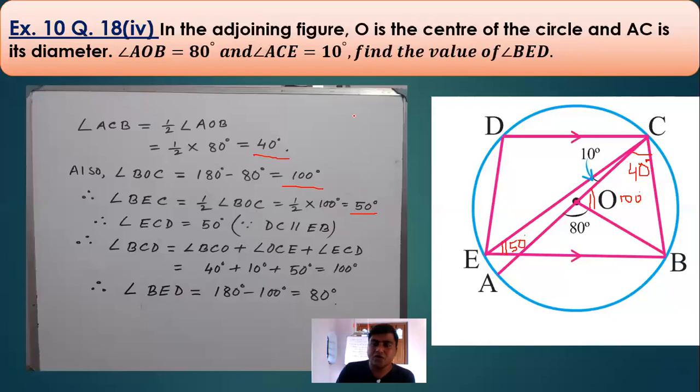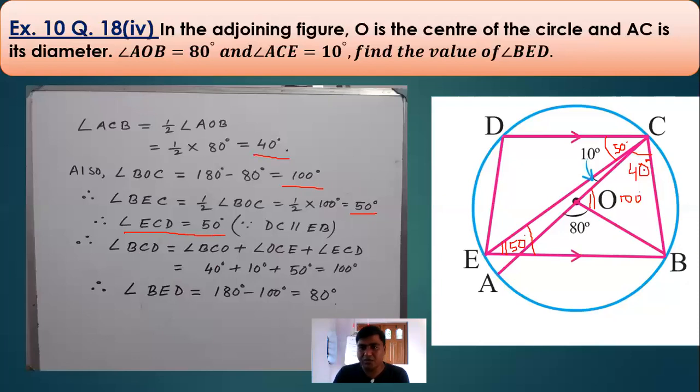So this angle equals 50 degree. But DC parallel to EB is given, and EC is a transversal. So therefore, these two angles are alternate angles, so the value of angle ECD is 50 degree.